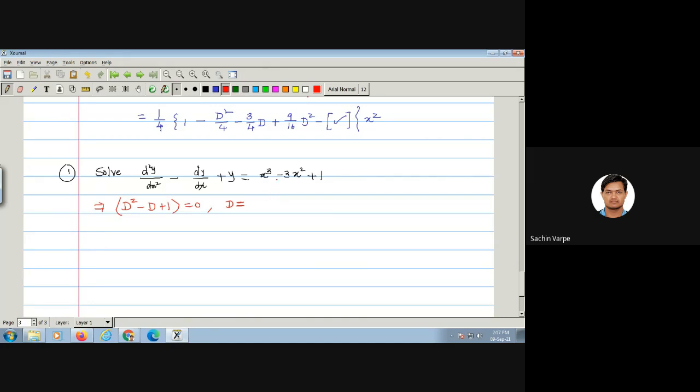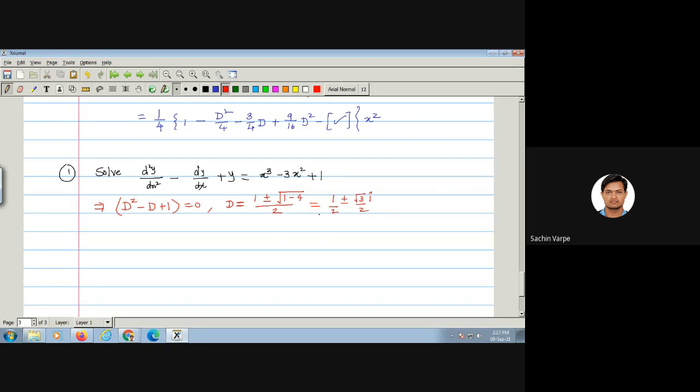We can get the roots by the quadratic formula, that is minus b plus or minus square root of b square minus 4ac upon 2a. So that is 1 plus or minus root of minus 3 by 2, that is 1 by 2 plus or minus root 3 by 2 i. So here alpha is 1 by 2 and beta is root 3 by 2.